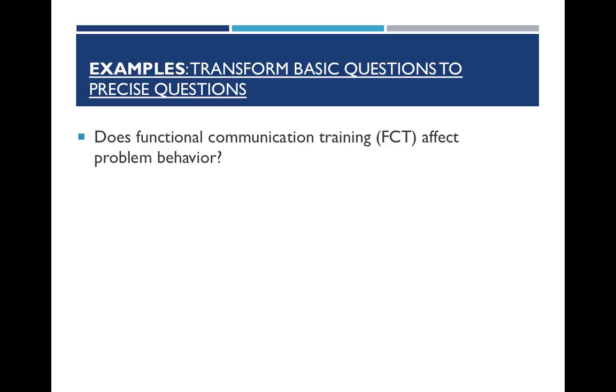So write a precise research question that is addressing this issue of whether functional communication training affects problem behavior. How would you write a research question? Take 12 seconds. Write a research question that includes the four key features.